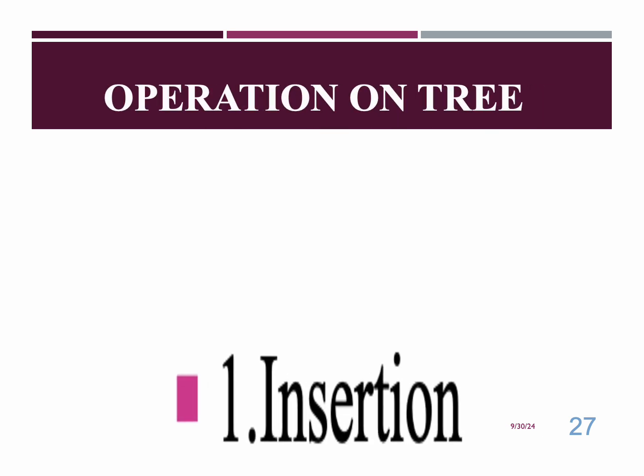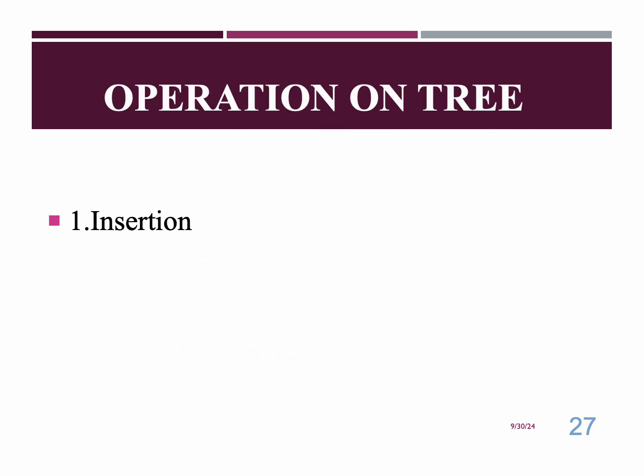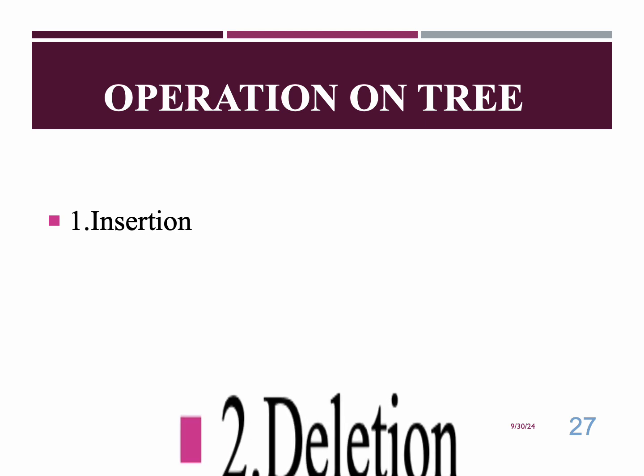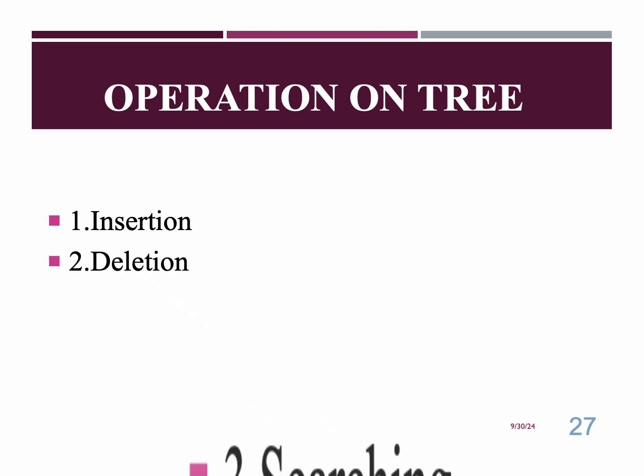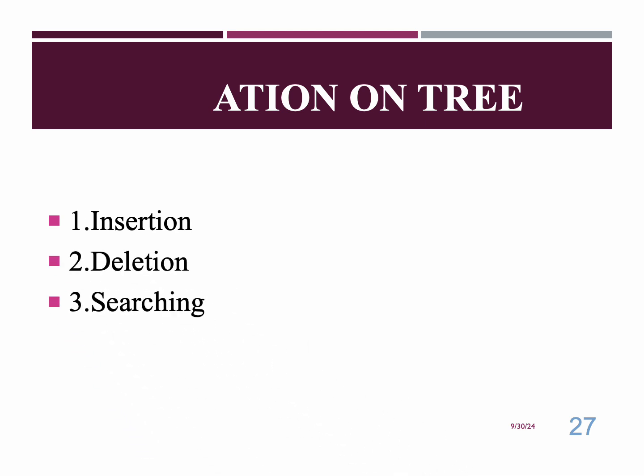These are the operations we can do on tree: insertion and deletion, and then searching. So these 3 operations we can do on tree. We'll also learn more about these things later.